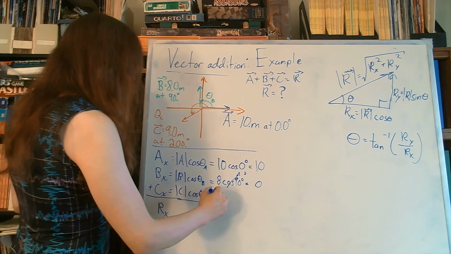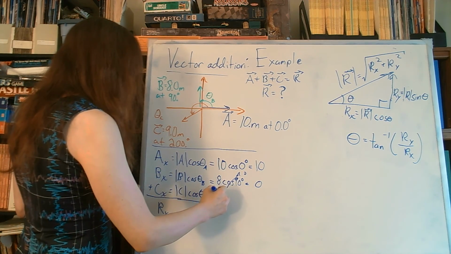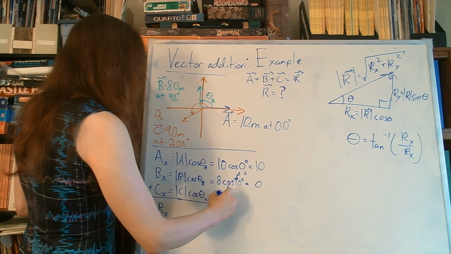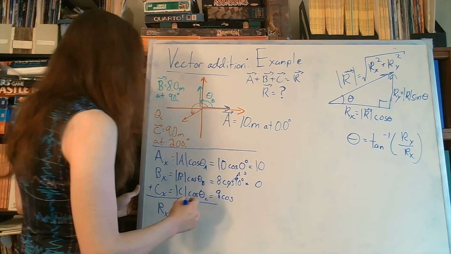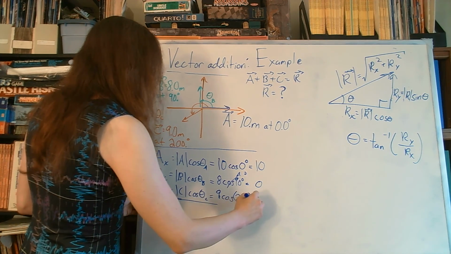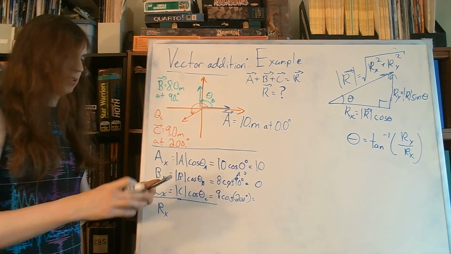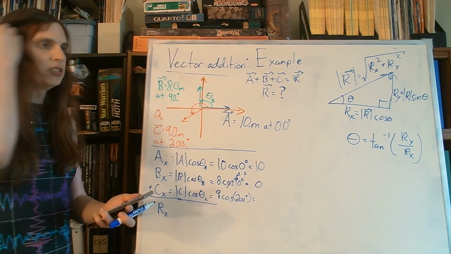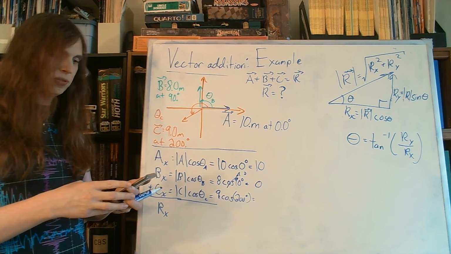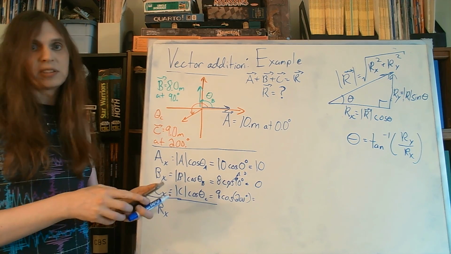And then for the C vector here, that's 9 meters times cosine of 200 degrees, which I do not have cosine of 200 or of 20 degrees memorized, so let's make the calculator do that.